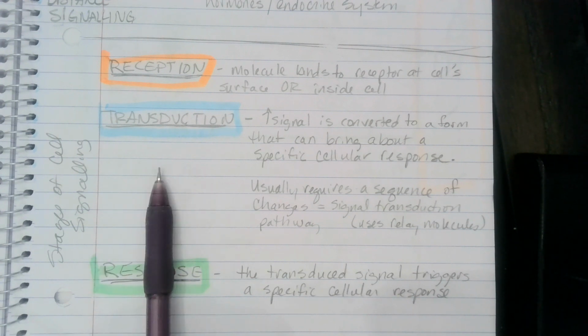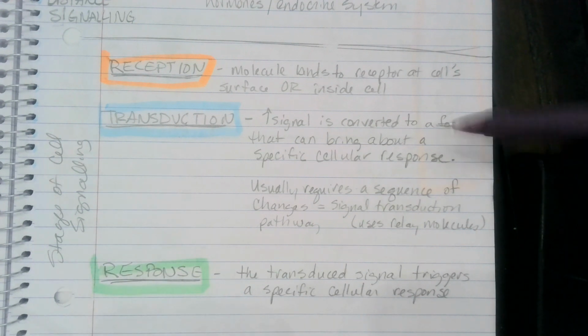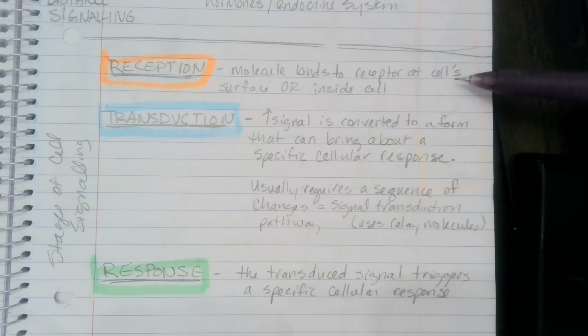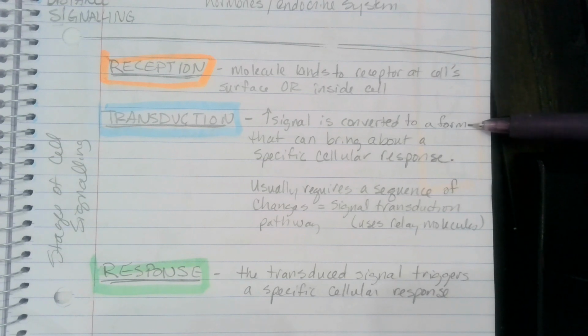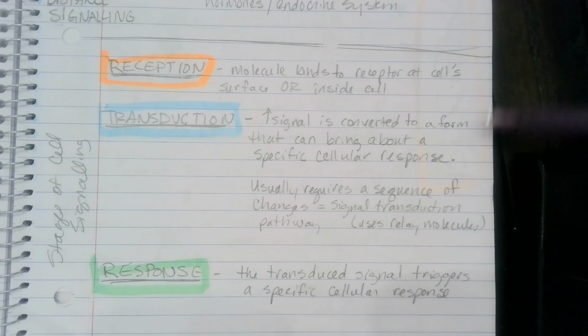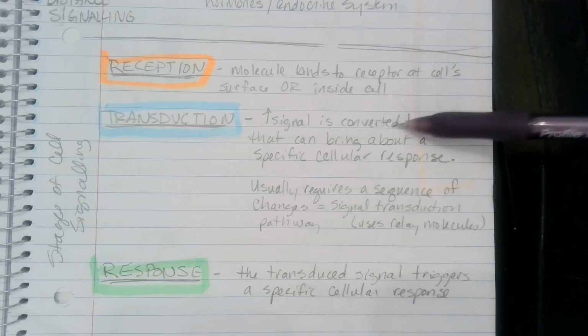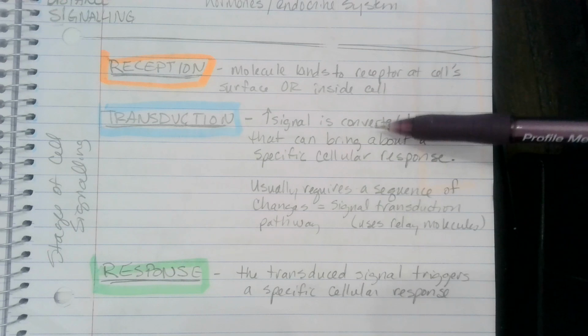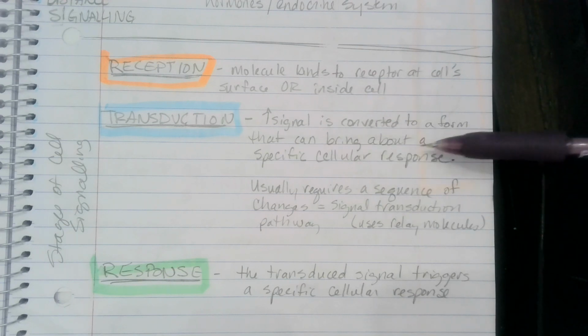Transduction. This signal that's created when the ligand attaches with the receptor is converted to a form that can bring about a specific cellular response.